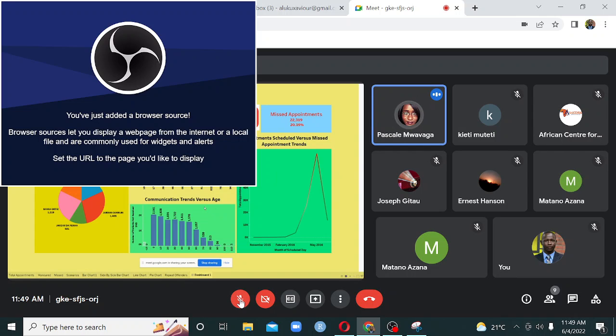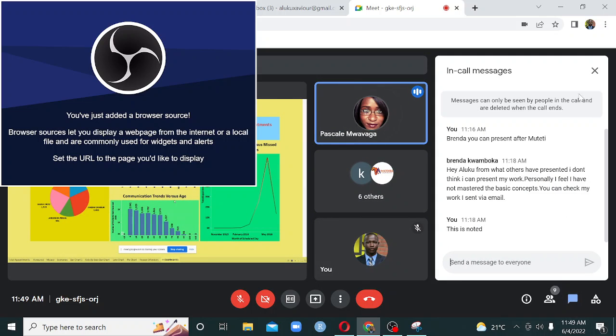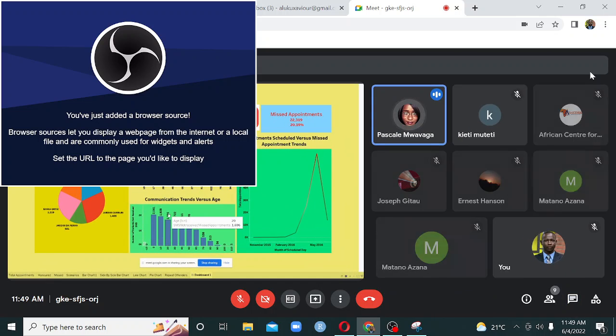Also, we are looking at the age versus communication, and here we've seen that parents to younger children between 0 and, we can just say, 10 years need to be communicated with a bit more because they have a big number of no-shows.